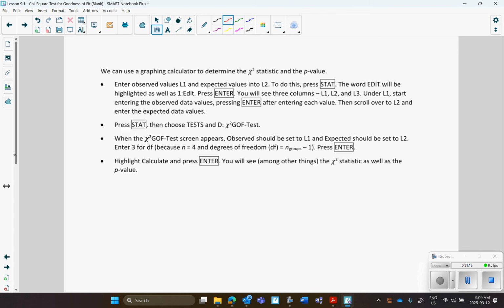Okay. So now what we want to do is go stat again, and then go to the tests. And this time we're looking for the chi-squared, which is the funky X. And I believe it's at D, not chi-squared test, sorry, chi-squared goodness of fit, GOF.